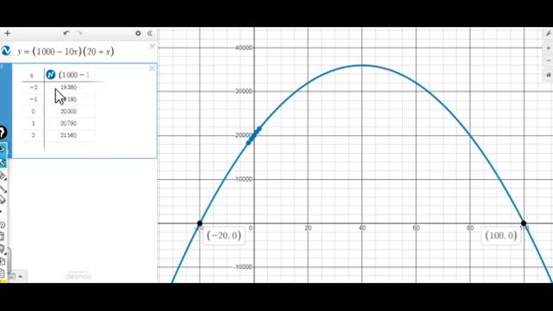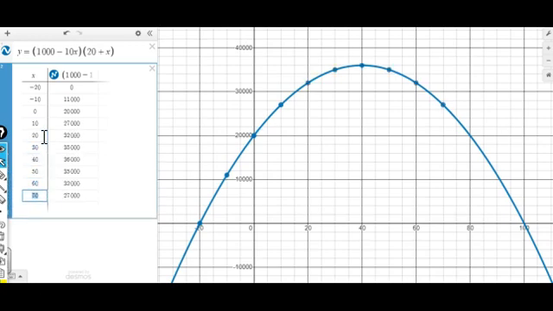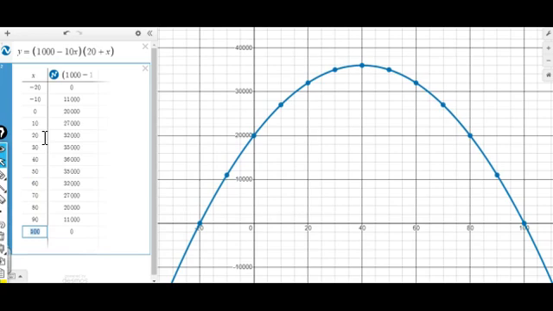And so I'm going to start my table at -20, and I'm going to go in increments of 10. And then I can just hit enter. It picks up the pattern for me. And so I can easily see my x-intercepts here.